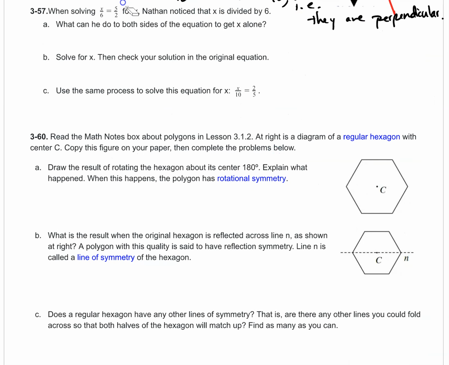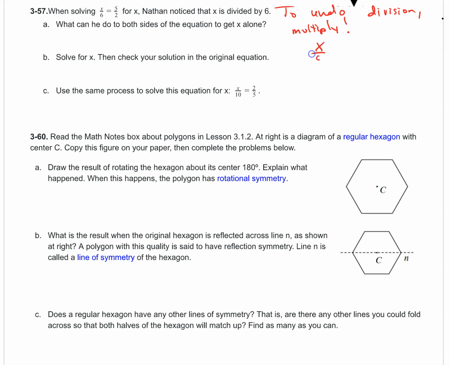357. When solving x over 6 equal to 5 over 2 for x, Nathan noticed that x is divided by 6. What can he do to both sides of the equation to get x alone? Well, to undo division, multiply.